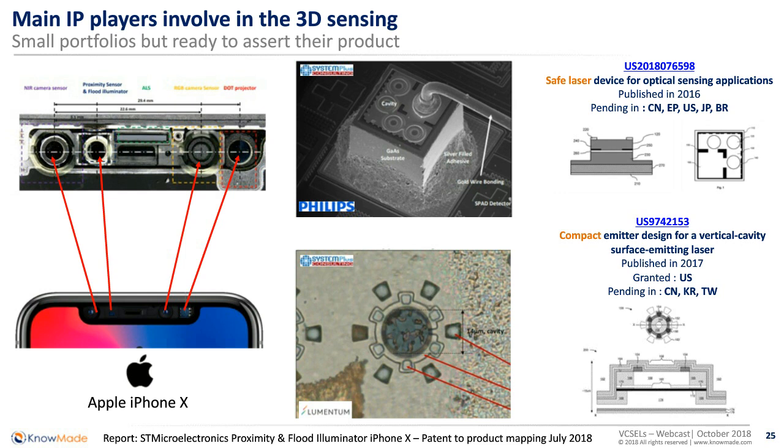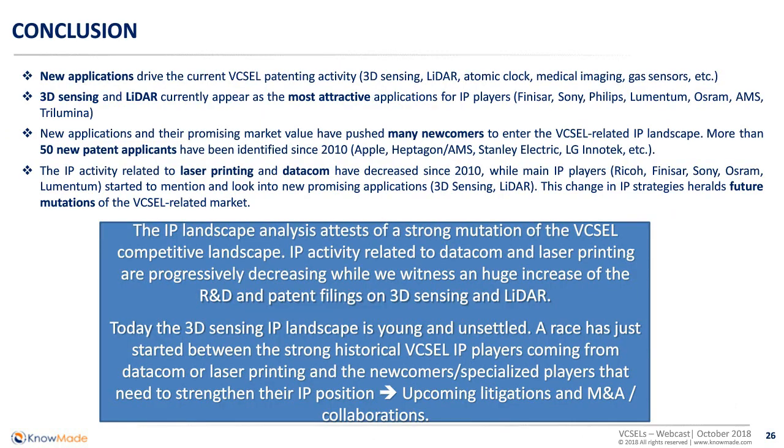So if I sum up my talk, I would just say that the IP analysis attests to a strong mutation of the VCSEL landscape, where old and historical applications of datacom and laser printing are less and less mentioned in the patents, and new applications, especially 3D sensing and LiDAR, are becoming the new driver of the patenting activity related to VCSEL.